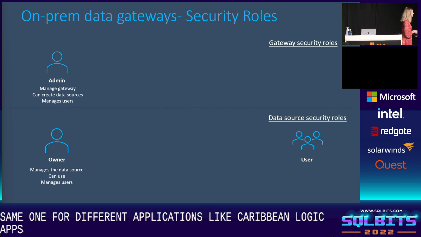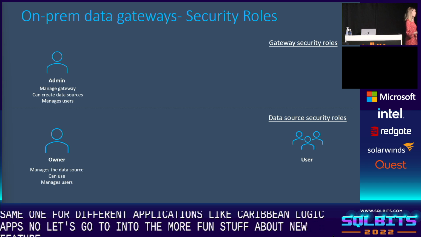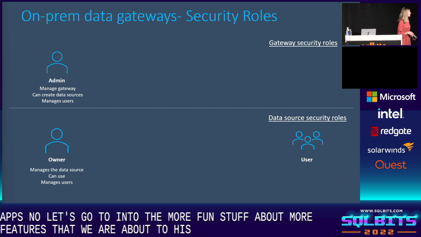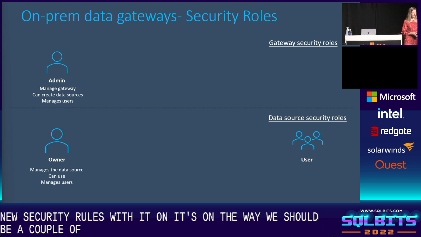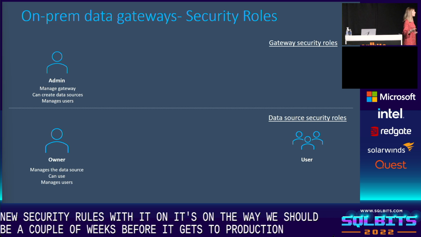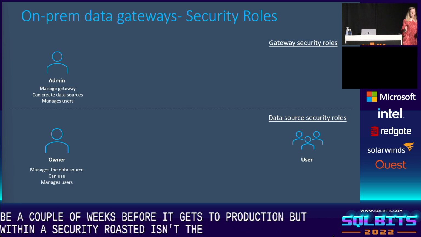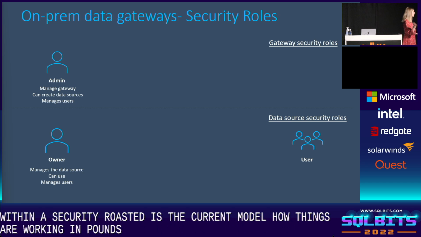So now let's go into the more fun stuff about new features that we are about to release. So the first one is the new security rules, which is on the way. It should be a couple of weeks before it gets to production. But with the new security rules, so this is the current model of how things are working in Power BI. You have the gateway security roles, which is only the admin role.